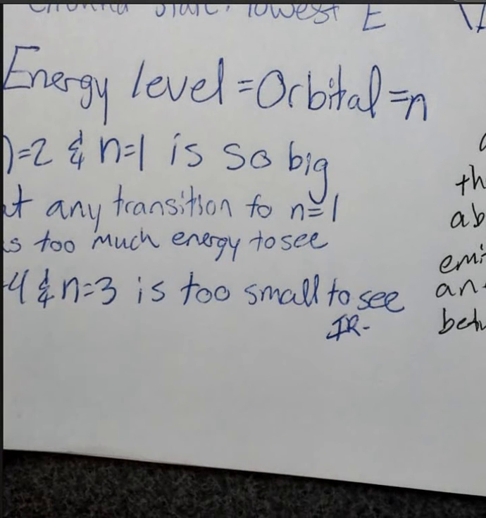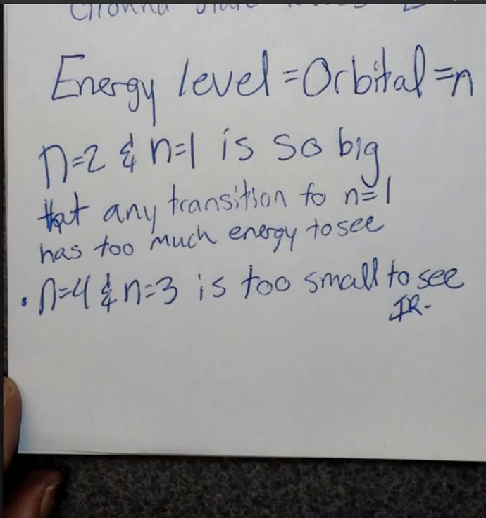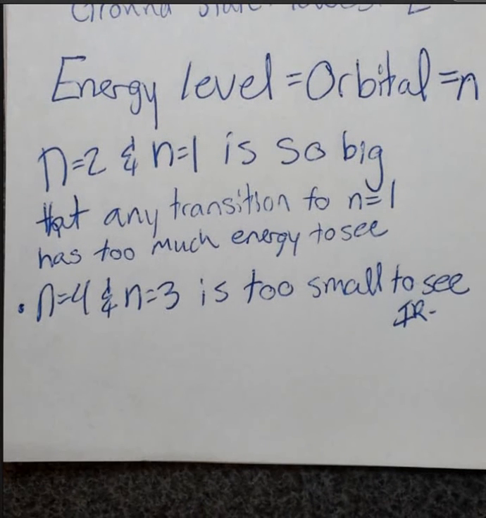We only see the visible light, and we can't see the infrared light. Which must mean, if we've talked about what's too big and what's too small, that some of the energy transfers must be just right.